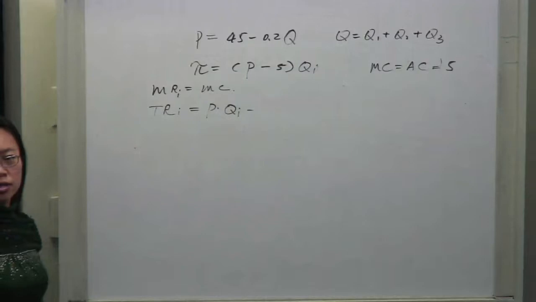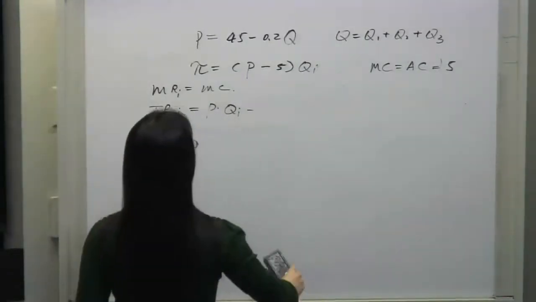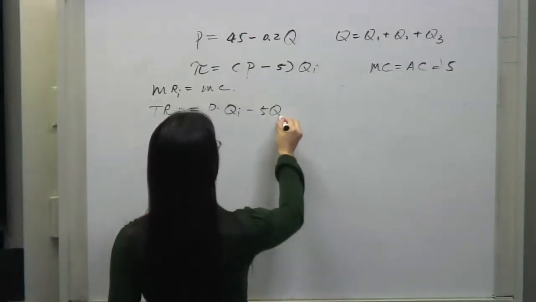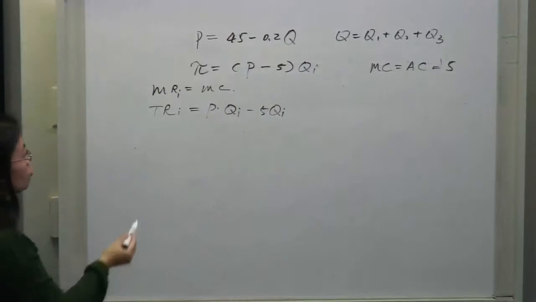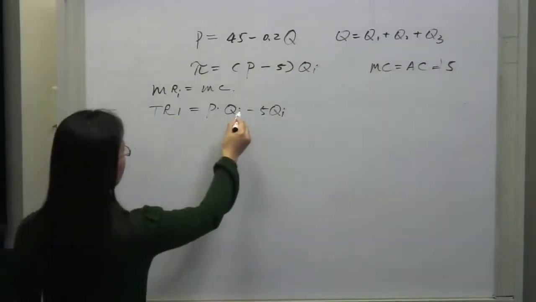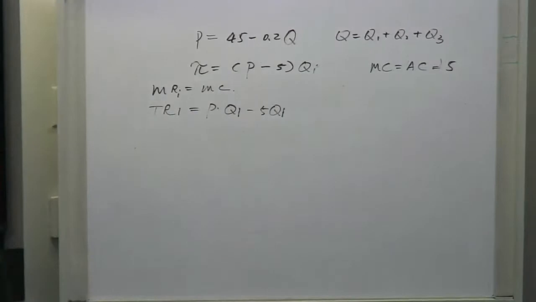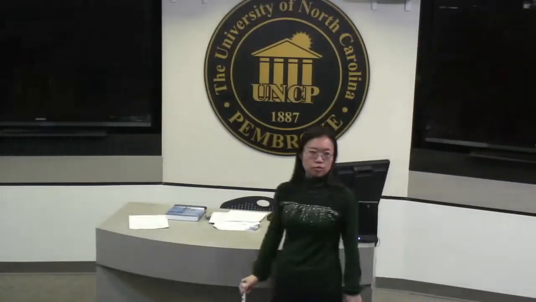That's the profit, minus 5Qi. So let's say we start with group 1. I change this i into 1. So the total revenue for group 1 is equal to P multiplied by Q1 minus 5Q1.